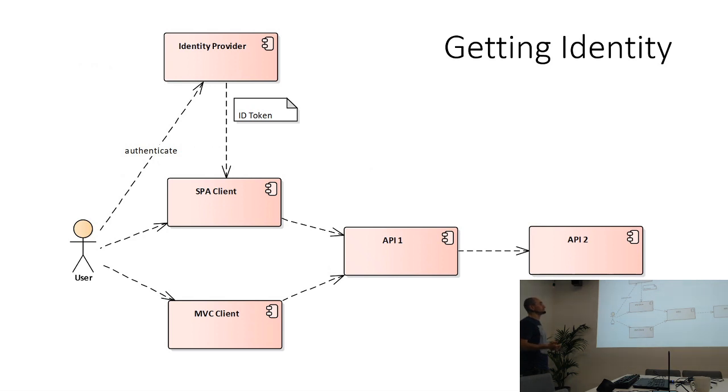The ID token contains the information about the user which you need to know. And the same as in the real world, we must make sure that it's not possible to create the ID token on your own, or, if you get an ID token, to change the information on it. So the standard must make sure that these things are fulfilled.